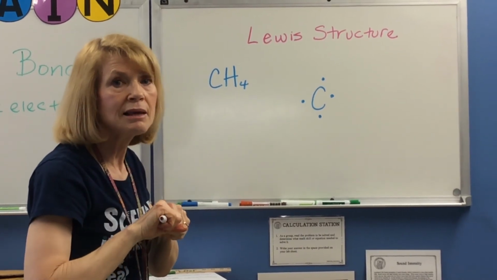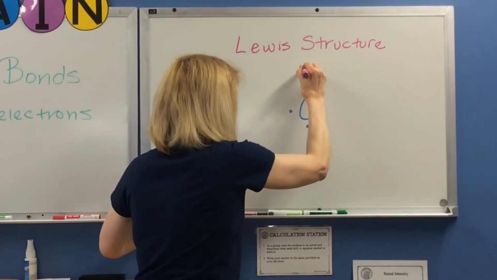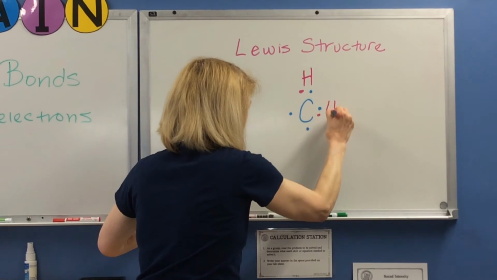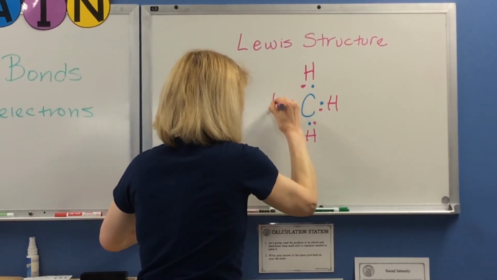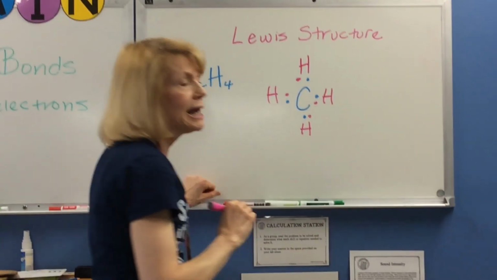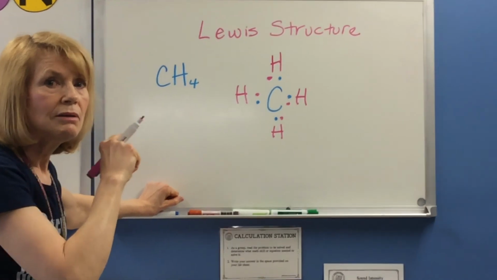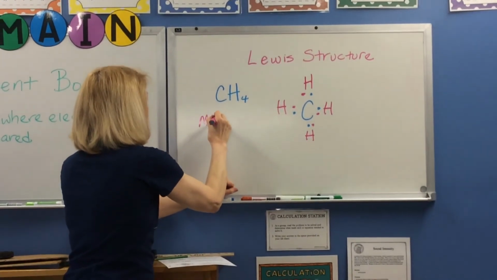Hydrogen is in the 1st column of the periodic table and has 1 valence electron. Okay, and that is the Lewis dot structure for methane, or CH4.